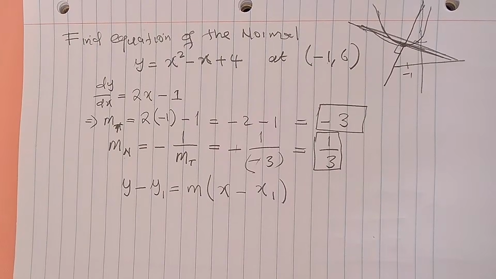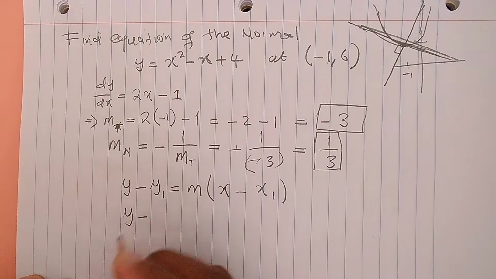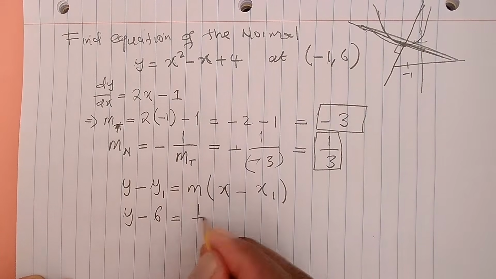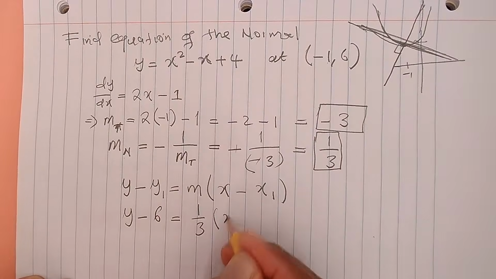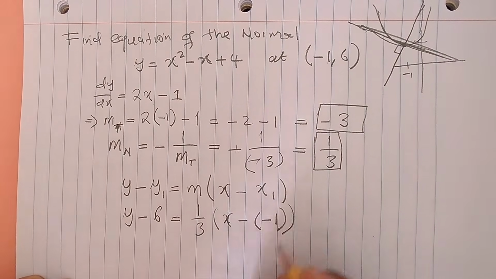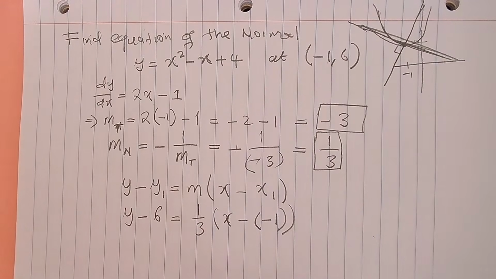Let us go ahead and substitute. So y minus y1, where y1 is 6, is equal to m, which is 1 over 3, then x minus x1, where x1 is negative 1.